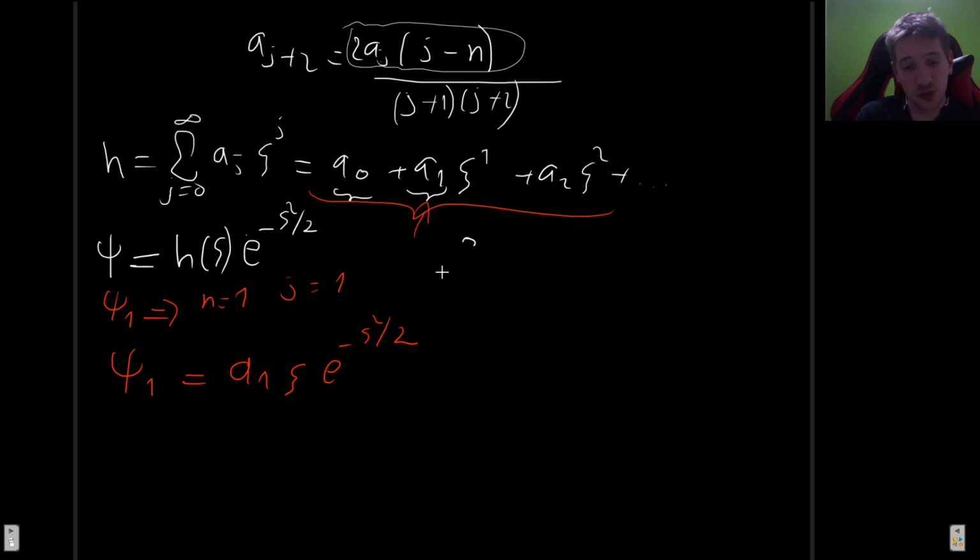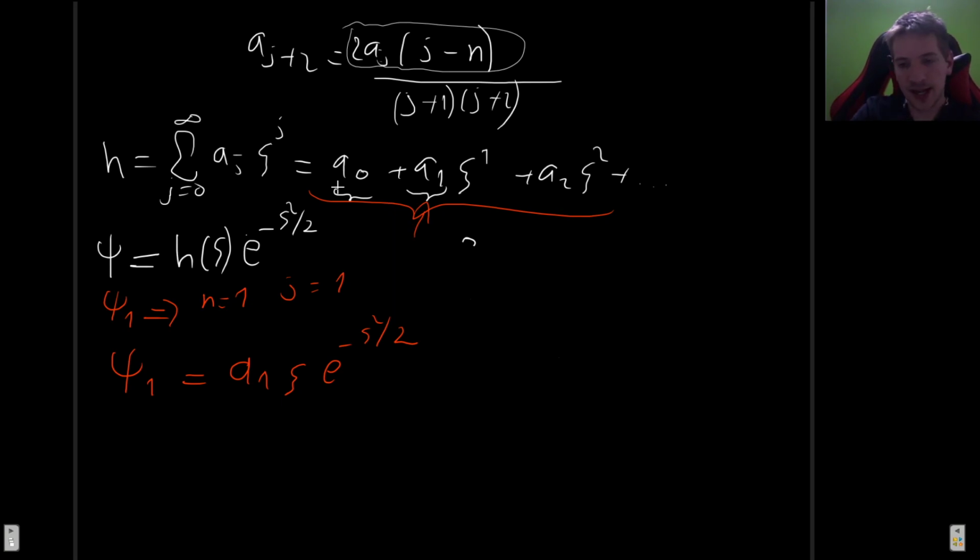And this is also what we got using the algebraic method that we discussed in the previous videos, right? But the difference is this gives us a general formula, and that is amazing. This gives us a general formula to find any psi we want. Before, you had to start with the ground state and apply the raising operator over and over again.